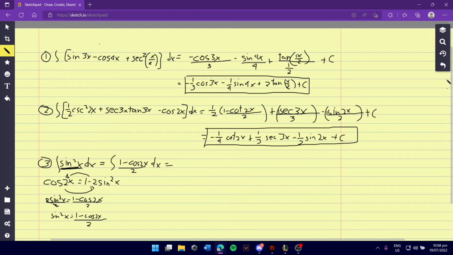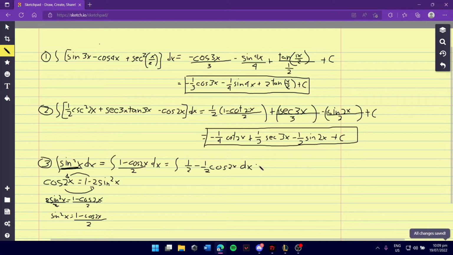First, we will separate the 1 and the cosine. So it will become the integral of 1 half, separated by the negative sign, minus cosine 2x over 2, which is simply 1 half cosine 2x dx.